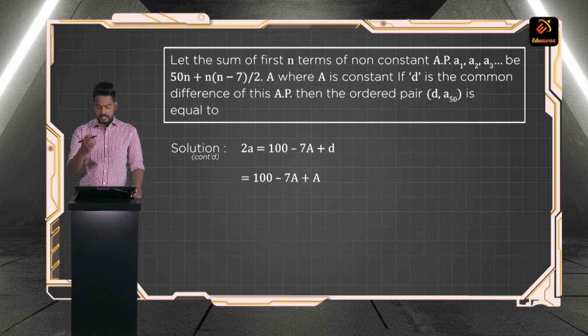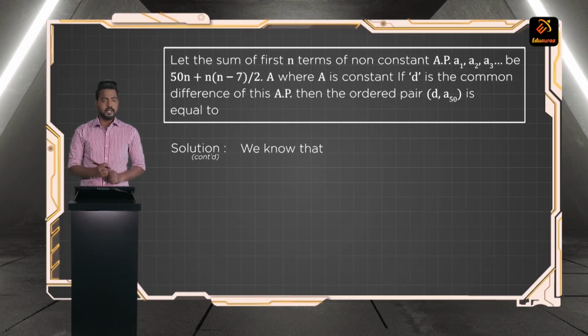The value of D is A. So here it will be plus A. So minus 7A plus A is minus 6A, so 100 minus 6A equals 2A. Now I can take 2 common and that 2 will cancel with 2A. So the value of A will be equal to 50 minus 3A, with capital letter A.